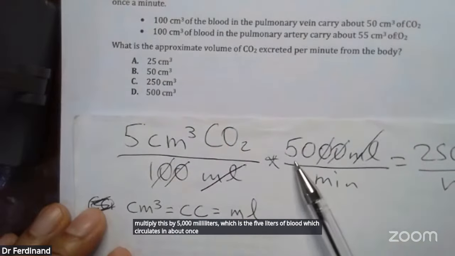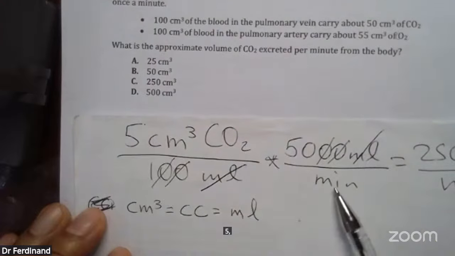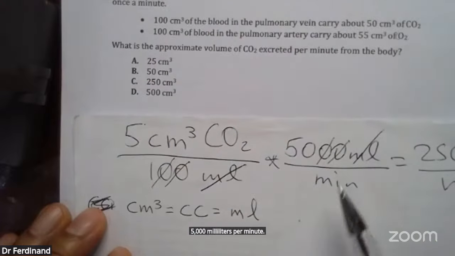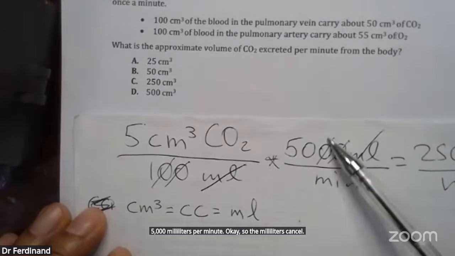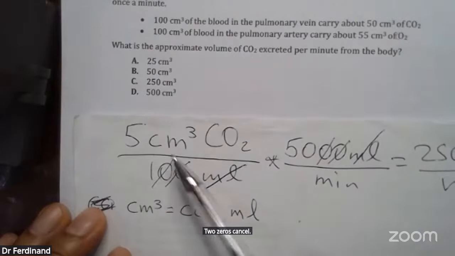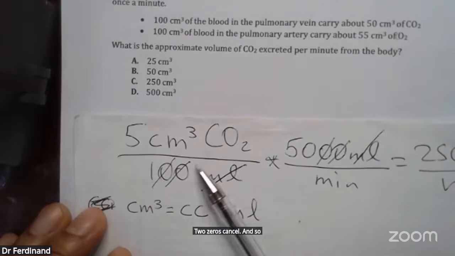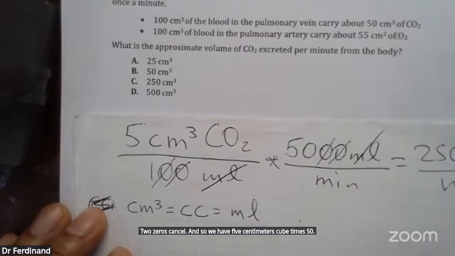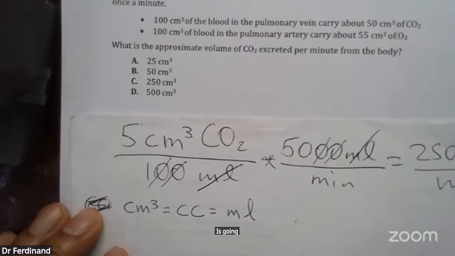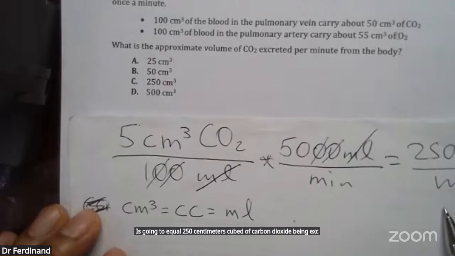So we have 5,000 milliliters per minute. Okay, so the milliliters cancel, 2 zeros cancel, and so we have 5 centimeters cubed times 50 is going to equal 250 centimeters cubed of carbon dioxide being excreted per minute.